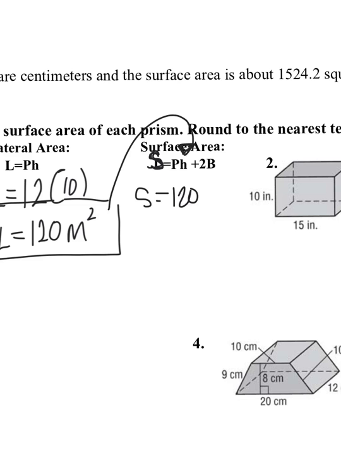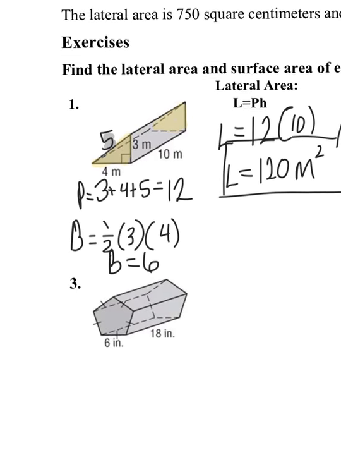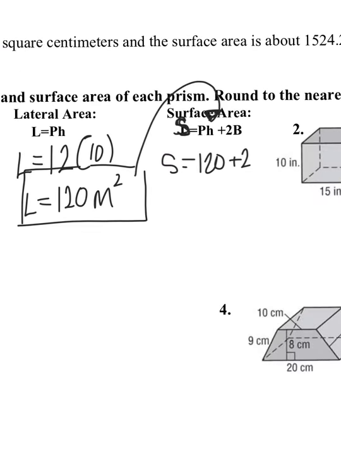I can ask you for total surface area. On your formula chart, it has just total surface area. You still have to find the lateral first, plus two bases. And we said that the area of the base was 6. So 2 times 6. Total surface area is 132 meters squared.